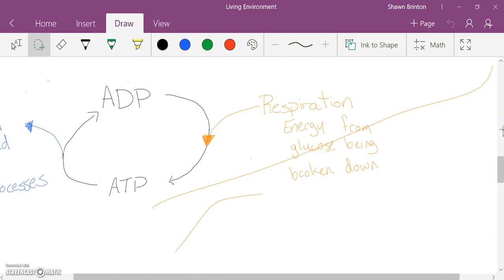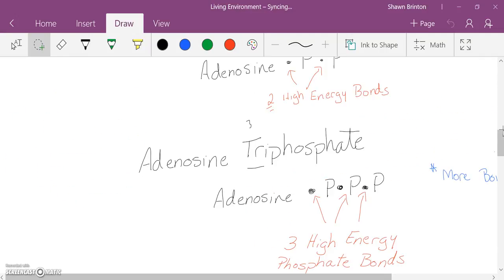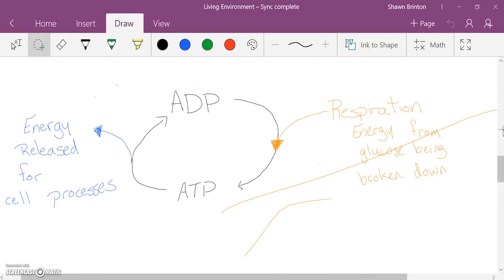Scroll down here. ATP now has to be broken down, or the phosphate has to be broken off of it. When one phosphate is broken off, ATP is converted back to ADP, which is lower energy.